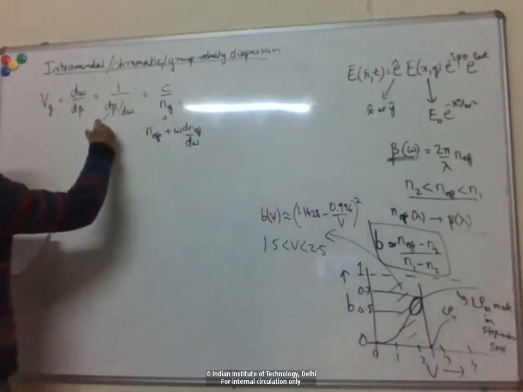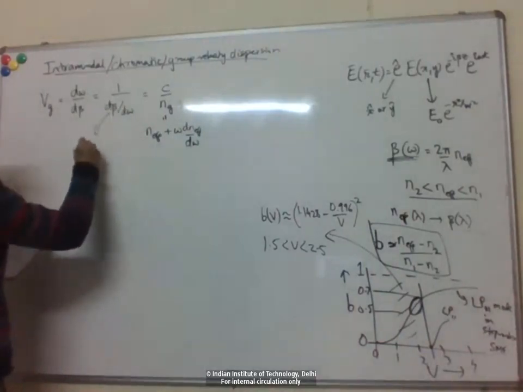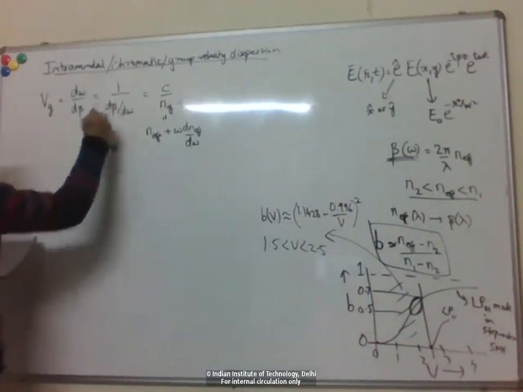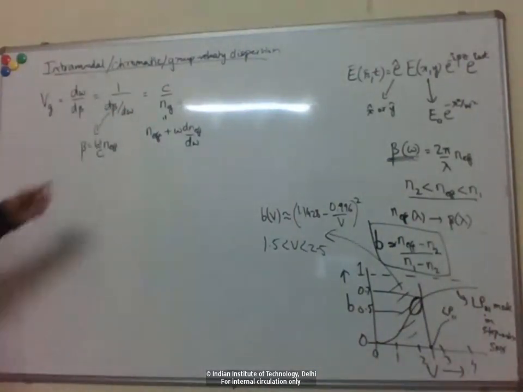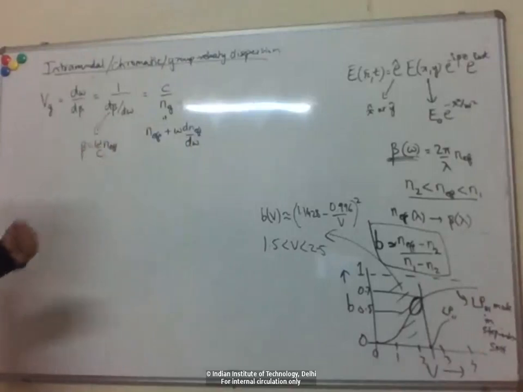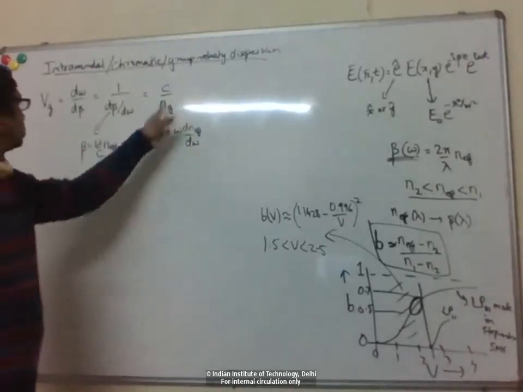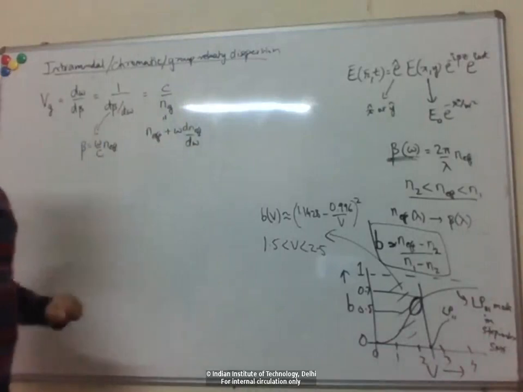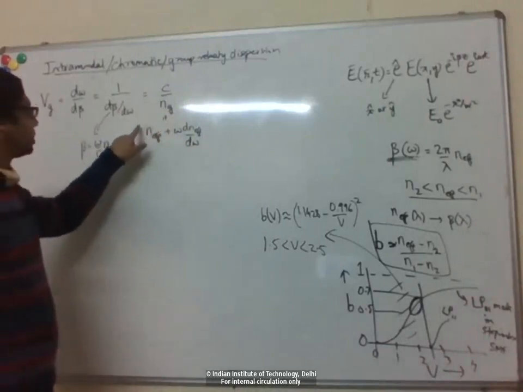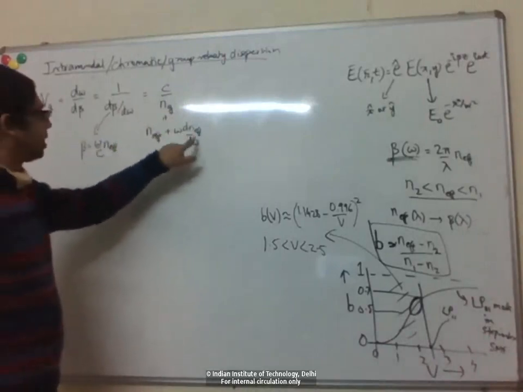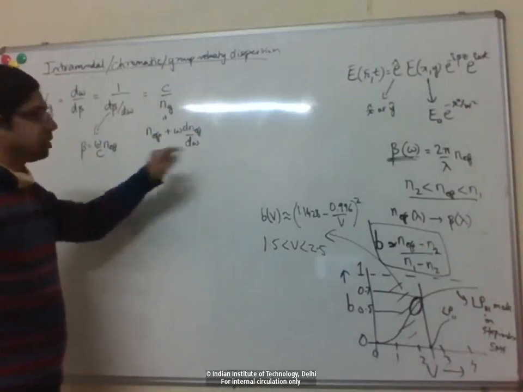You can get this if you put beta equal to omega over c times n effective and compute this derivative. You can check that the group index is given by the effective index plus the derivative of the effective index with frequency.